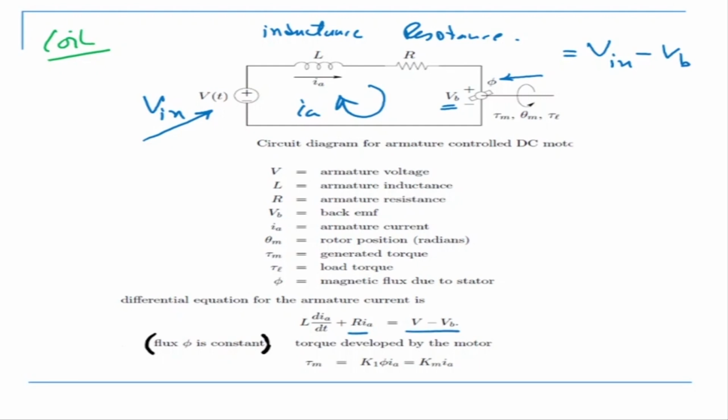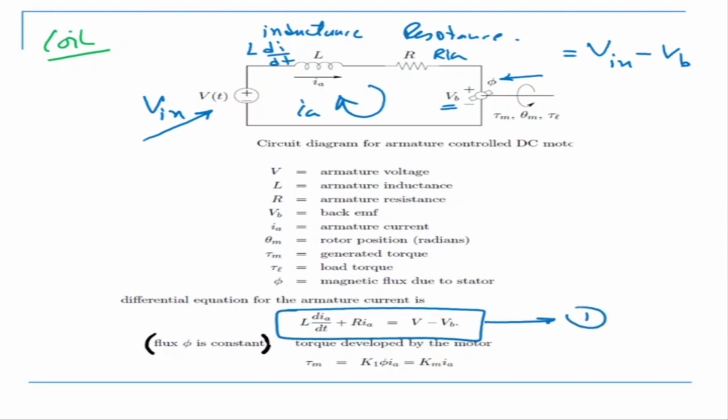So here it becomes L di by dt, and here it is R into IA, and the effective voltage is V minus VB. Okay, so this is one equation that I have. Let us write down one equation, so let's call this equation 1, which is for the armature.